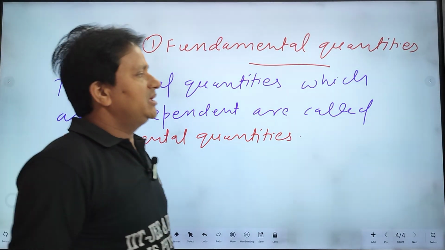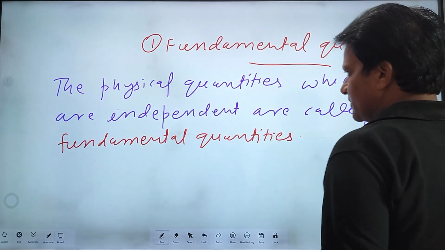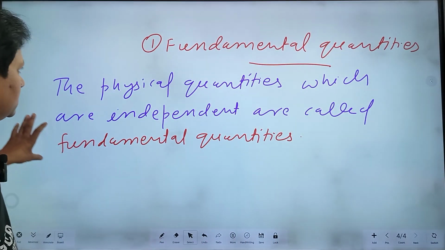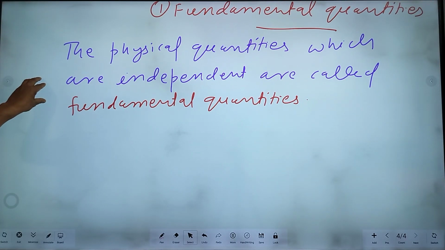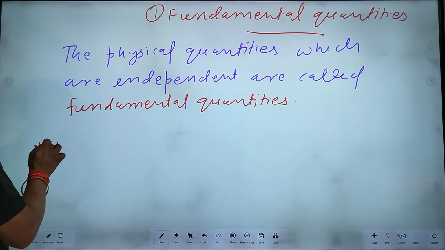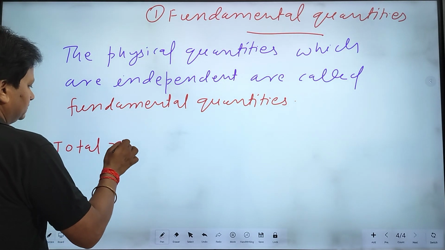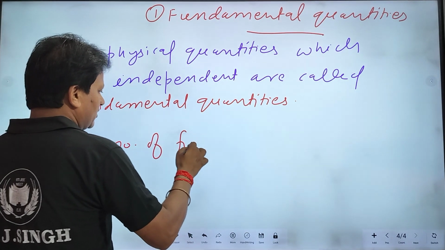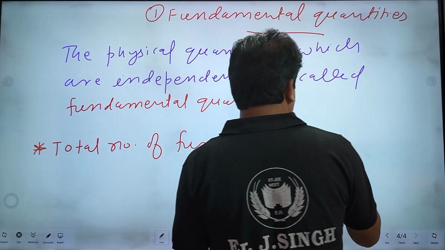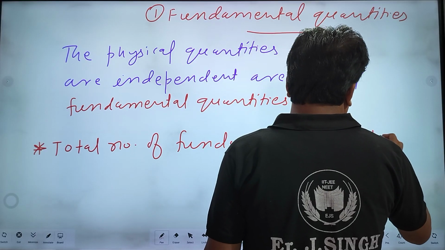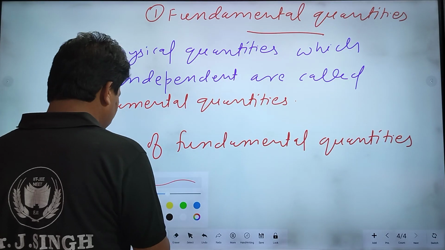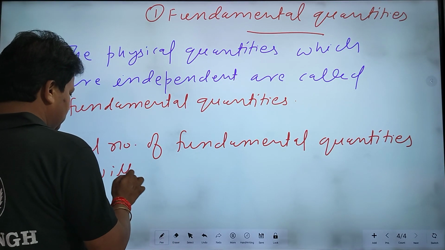There are 7 fundamental quantities. Total number of fundamental quantities will be equal to 7.